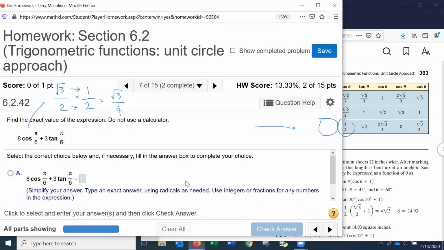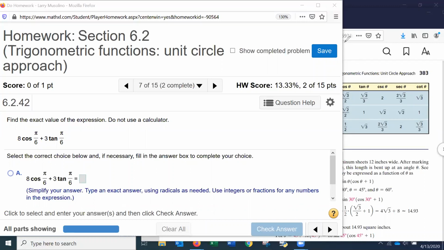All right. How about if we look at another one? This one involves cosine and tangent. And also in this example, they're giving us the angles in radians. So let's take a look here. I'm noticing the angle here is pi over 6. All right, so we're going to need the cosine of pi over 6 and the tangent of pi over 6.